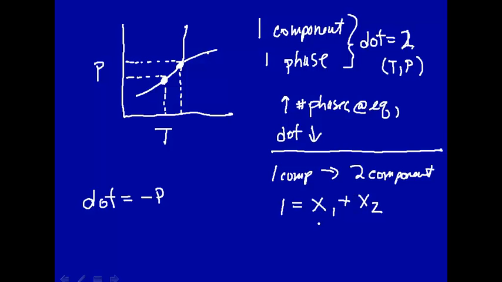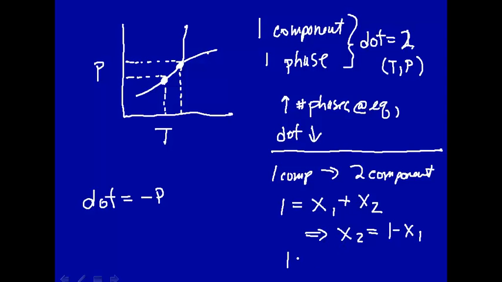For example, if you just specify a concentration x1, with that concentration x1, x2 has to be 1 minus x1. Because of this relation, you reduce your degrees of freedom from 2 to 1. Just like you reduce the degrees of freedom when you specify phases, because the chemical potential has to be equal in both phases, you reduce the number of phases by 1. So it seems each time you add a component, you'll increase the degrees of freedom by 1.